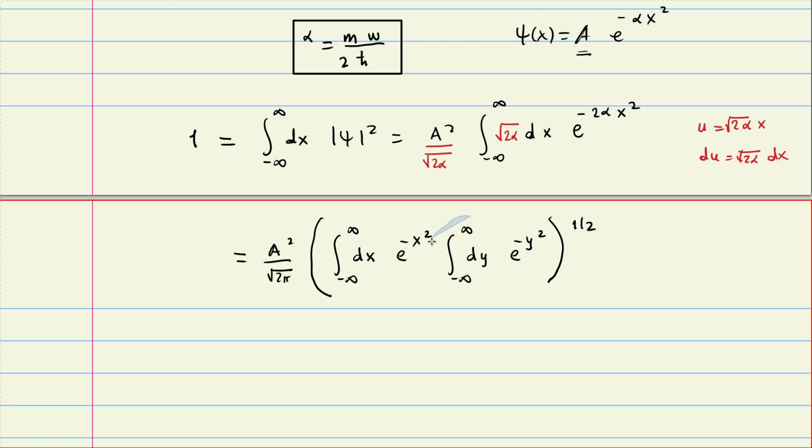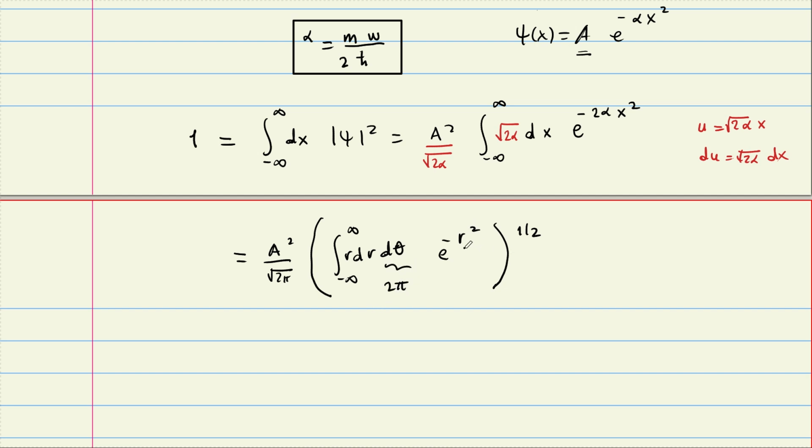If you combine x squared and y squared, when you sum up, it's going to be r squared. And dx dy is going to be r dr d theta, right?